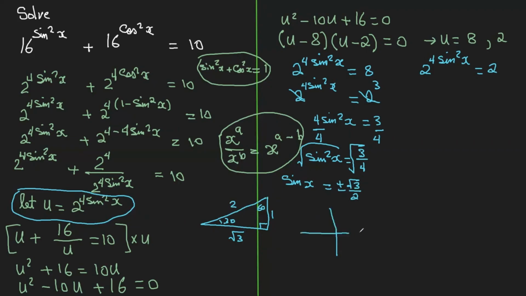And since the sign is plus or minus, according to all students take calculus, I'm going to have an angle in every quadrant. And of course, since the angle that has a sine of root 3 over 2 is 60, then my reference angle everywhere here is going to be 60. Okay.